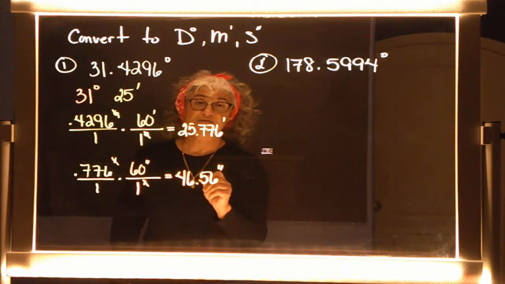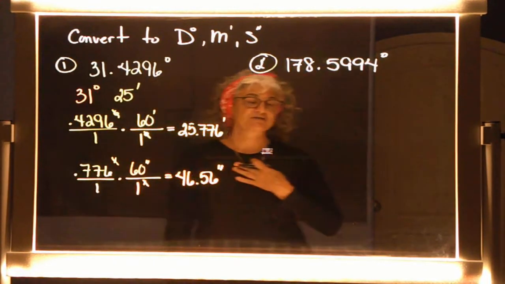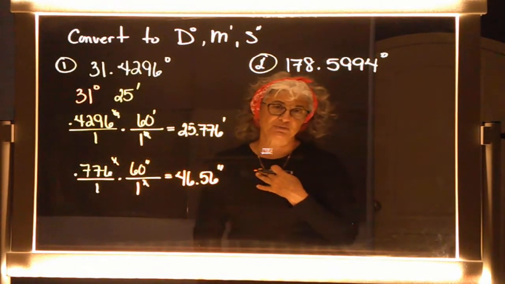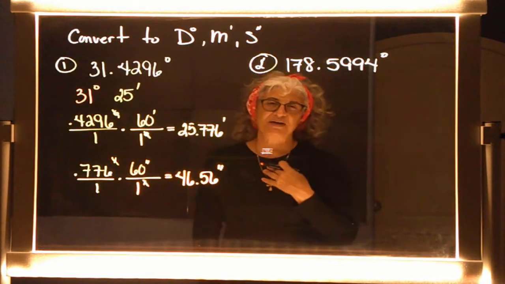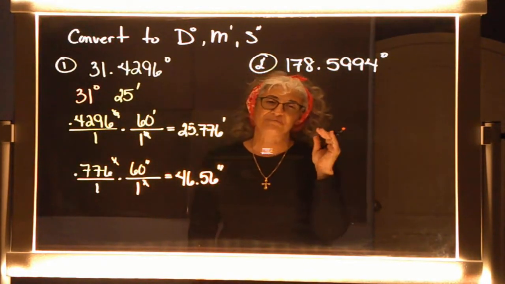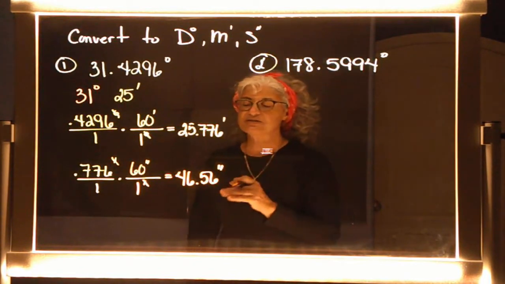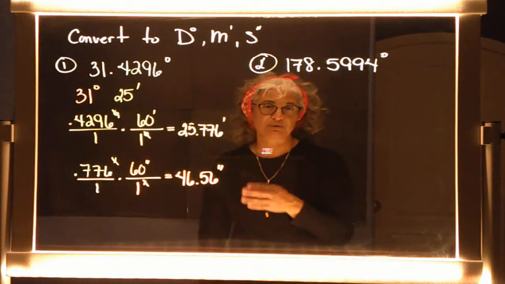So here's the thing. I have 46 full seconds, and then I got partial of a second, don't I? So in our civilian world, we don't go below seconds. Military, they use a little bit of a different method, but they do go below seconds, so to speak, because they need to have pinpoint accuracy. So here's the deal. When we have these seconds, we are going to round like we normally do.